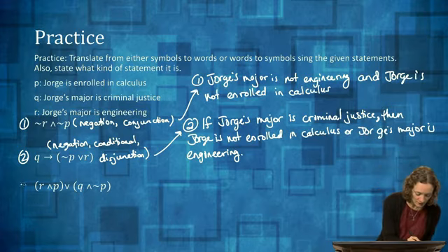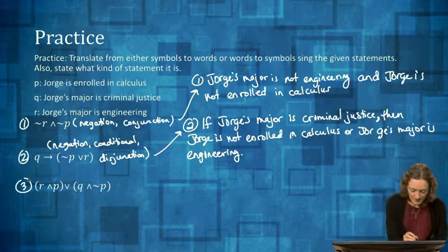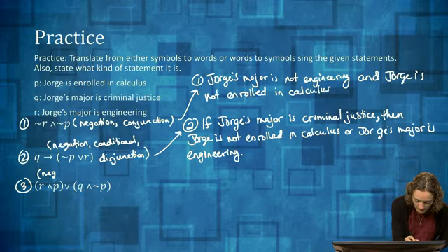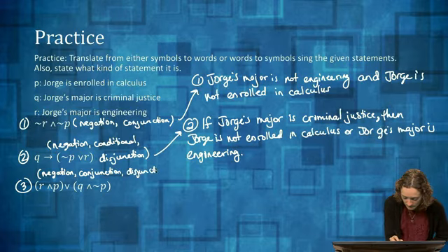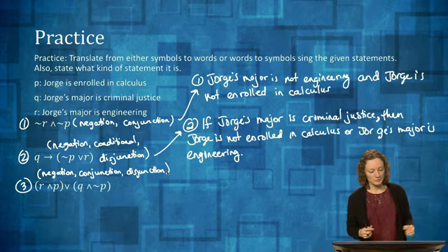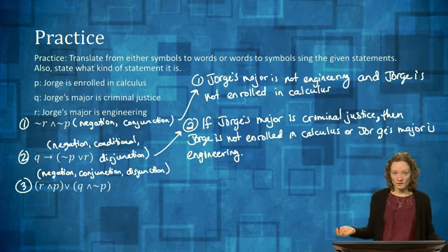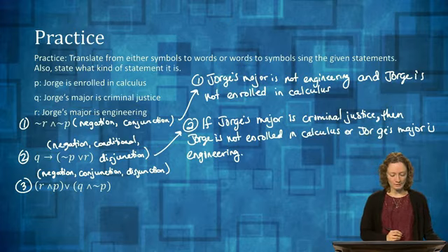All right, and the third one, we have quite a few symbols here. I see a negation, I see a conjunction, and a disjunction. So the question, what's the main symbol in this problem? Since there's quite a few.